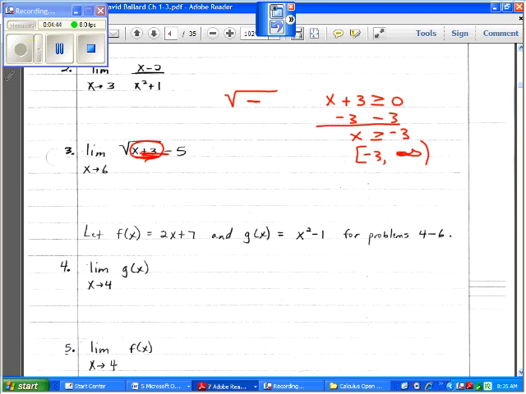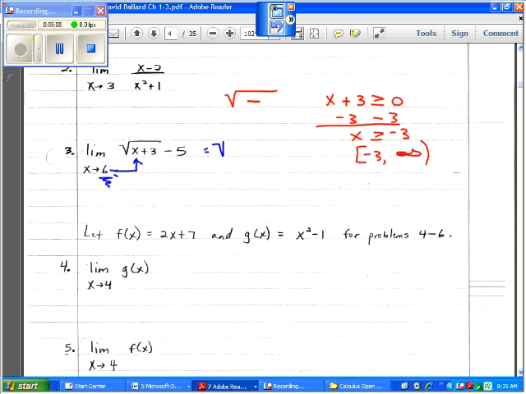Well, then we would say, is the target value 6 in the domain of that function? It is. So that means it's continuous within that domain. Therefore, the limit as x approaches 6 is the same as the function value because it's continuous within the domain and 6 is within the domain.